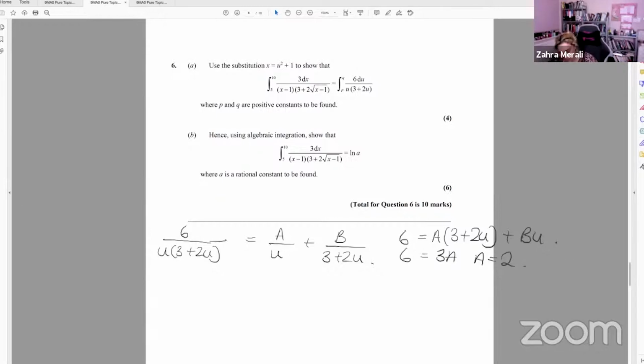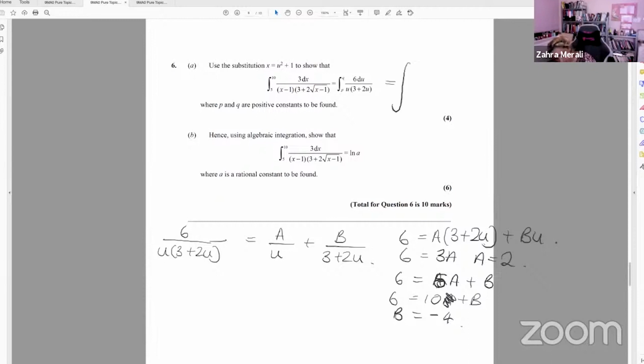And then I can choose any other number. I could say u equals 1 if I don't want to use fractions. If I put u as 1 in, I get 6 equals 5a plus b, but I know a is 2, so 6 equals 10 plus b, so b equals minus 4.